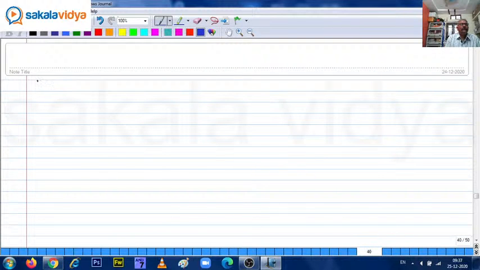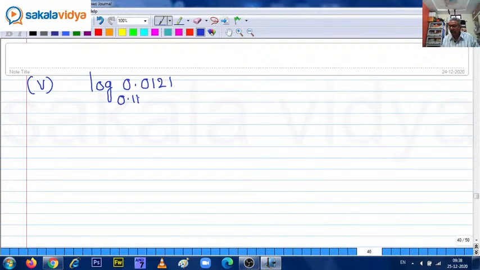Now, the fifth question. Log of 0.0121 to the base 0.11. Solution.